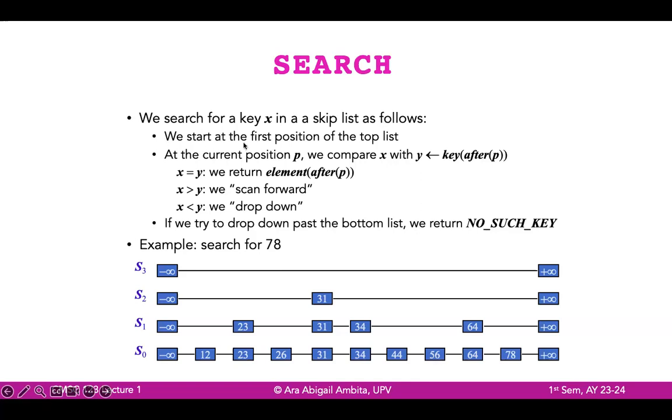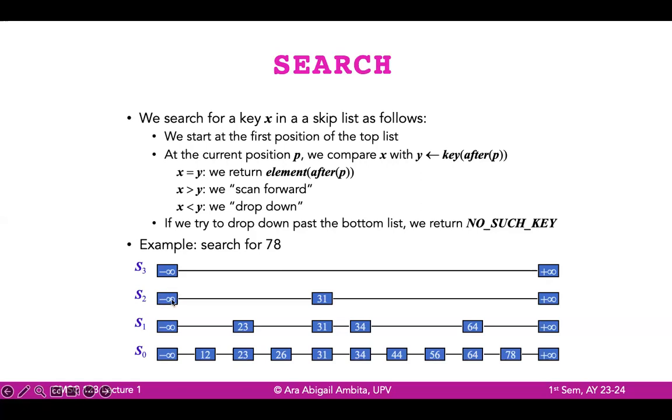What we are going to do is start at the first position of the top list. The top list is S sub h, which is S sub 3, right? And the first position would be negative infinity. So this is what we are going to do. At the current position P, let's say we are at negative infinity.